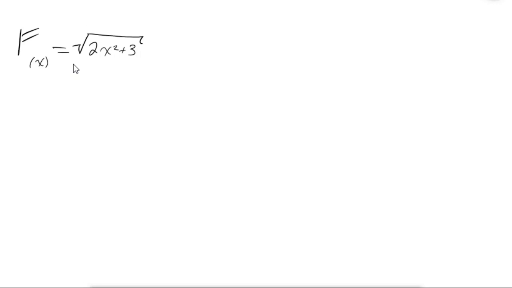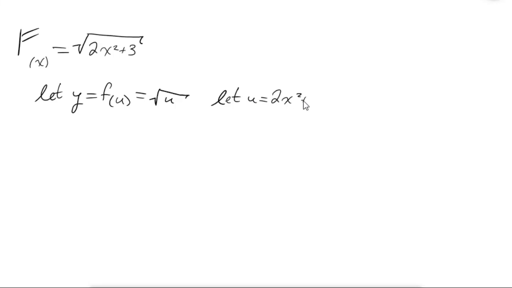Right now, you don't have the skills to deal with this, but we can look at this as a composite function. We can say, let y equal the function little f of u, which is equal to the square root of u, and let u equal 2x squared plus 3.